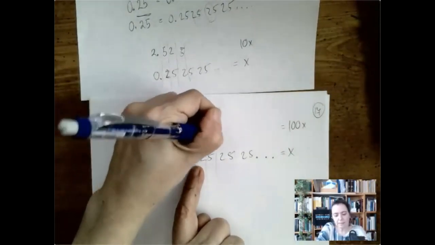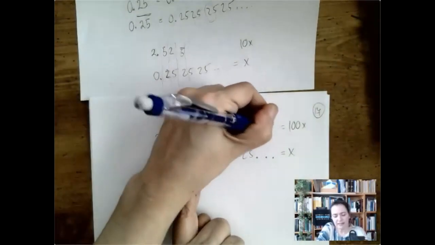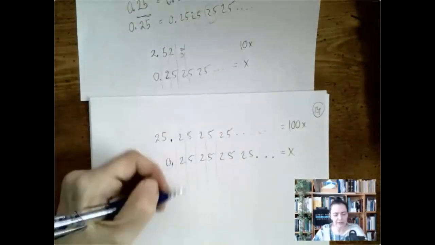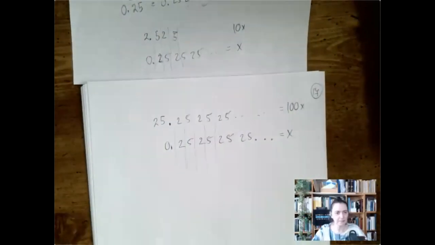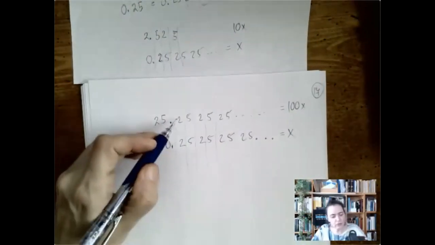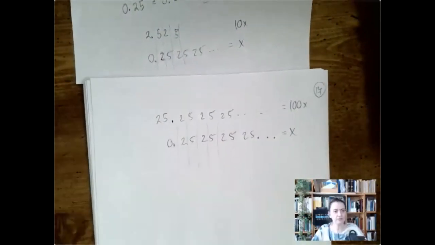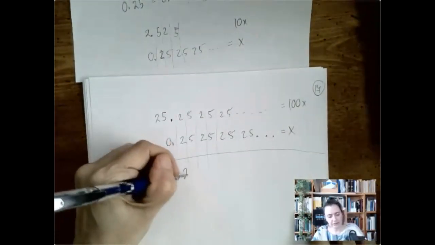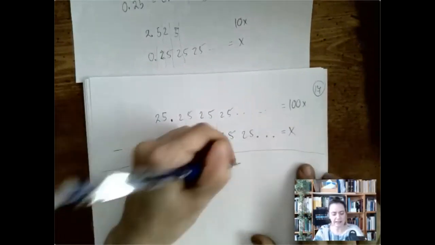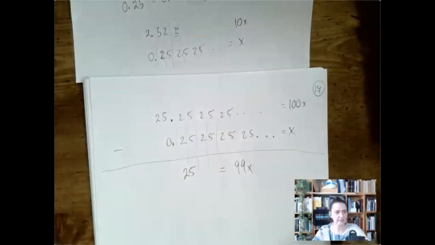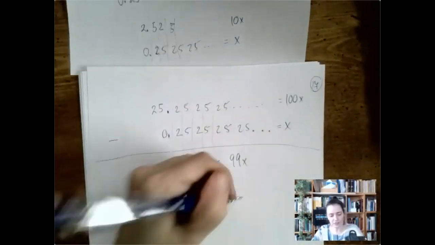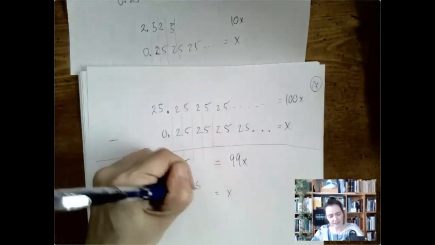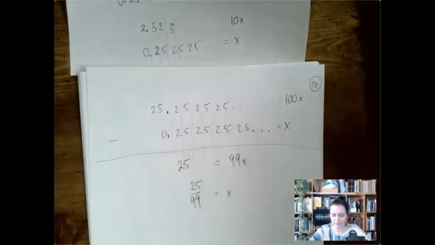This infinitely long decimal subtraction is only allowed if you kill the whole tail. That means a 2 has to be over a 2, a 5 has to be over a 5. Now when we subtract, we get 25 on the left-hand side and 99x on the right-hand side. Now solve for x: 25 over 99.